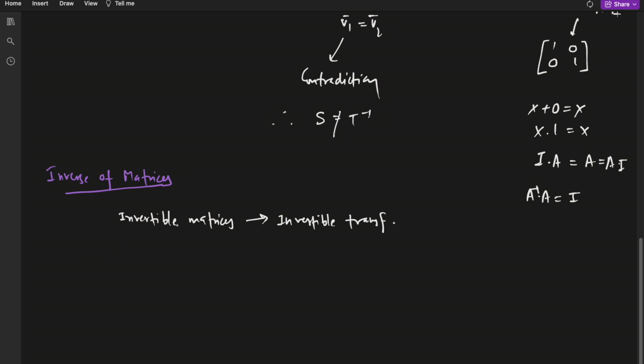It's a bidirectional implication. That is, invertible transformation also implies invertible matrices.